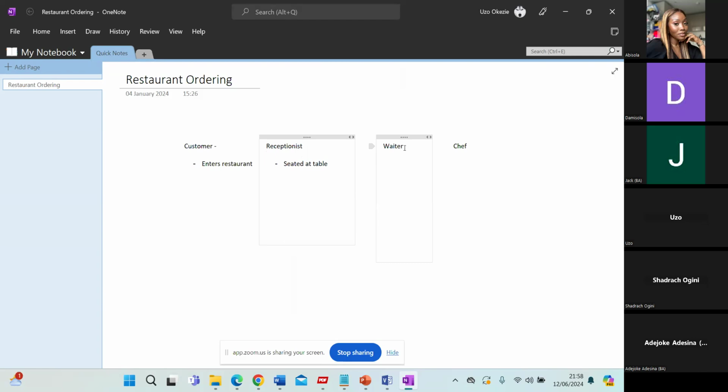How does the waiter know that he's supposed to take the order? Because of the menu. Say again. So once the receptionist seats the person, what happens? Then the waiter gives them the menu. Okay, so is it the receptionist that gives the customer the menu? No, the waiter. Okay, so how does the waiter know to come and give the customer the menu?